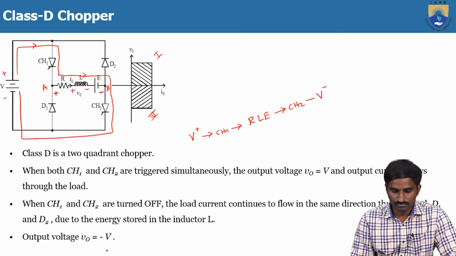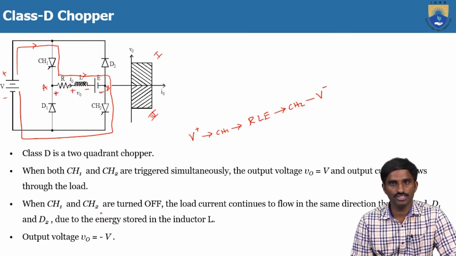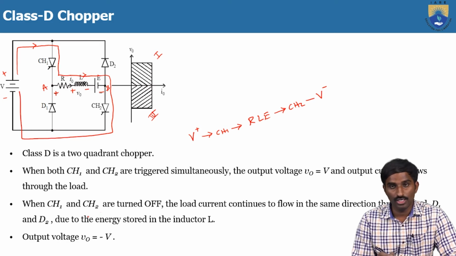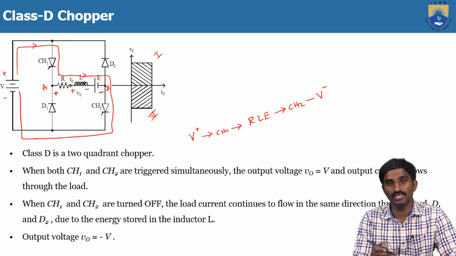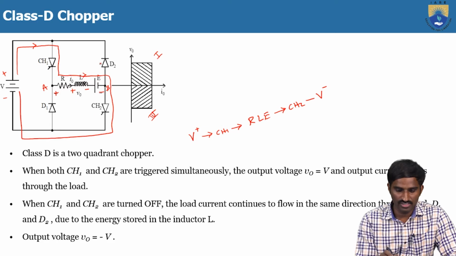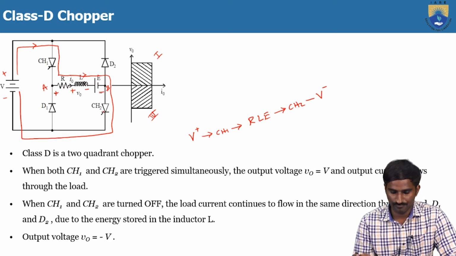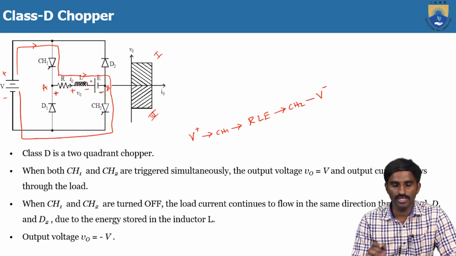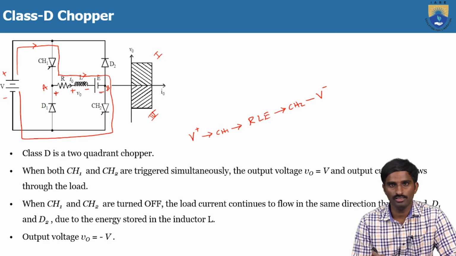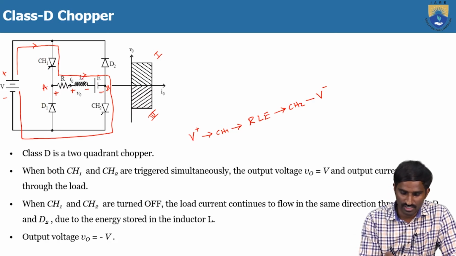Next, when CH1 and CH2 are turned off, the load current will continue to flow in the same direction through D1 and D2, but the voltage across the load terminals gets reversed. When CH1 and CH2 are turned off, the inductor changes its polarities and starts discharging through D2 and D1.